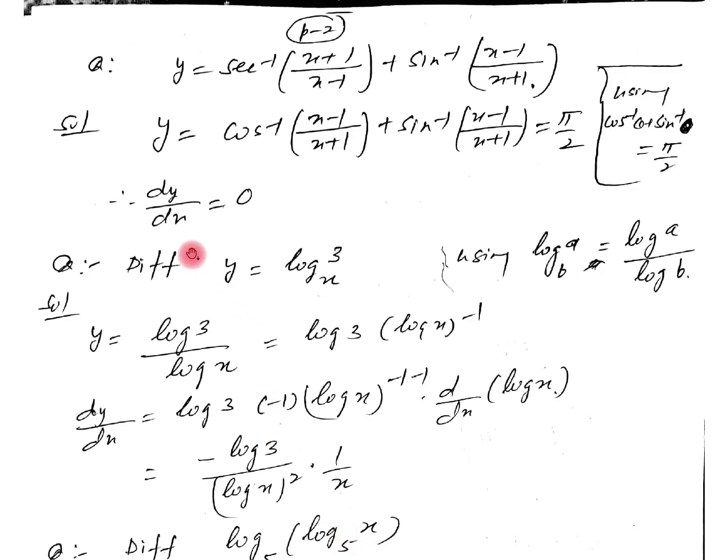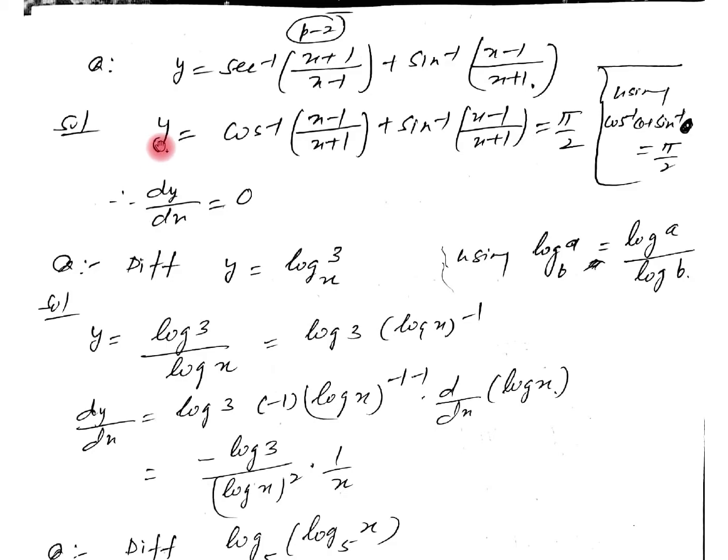Now here see one of the important questions, and it's very easy. We have y given as secant inverse of x plus 1 upon x minus 1, plus sine inverse of x minus 1 upon x plus 1. Now see the very important point here.